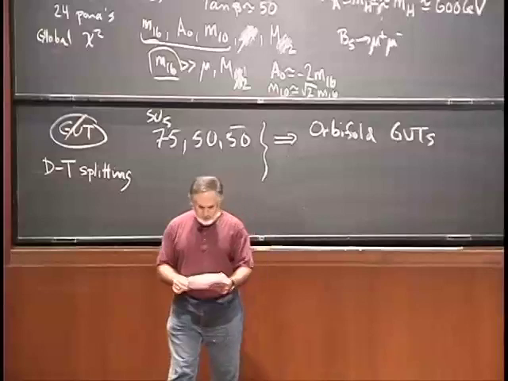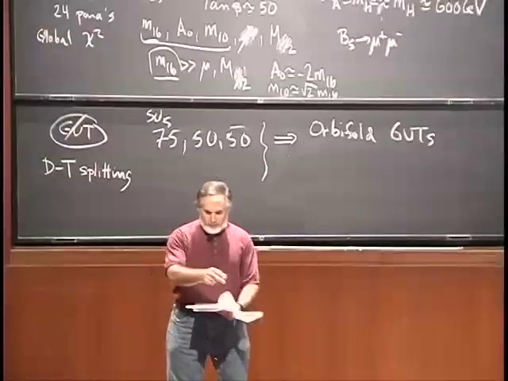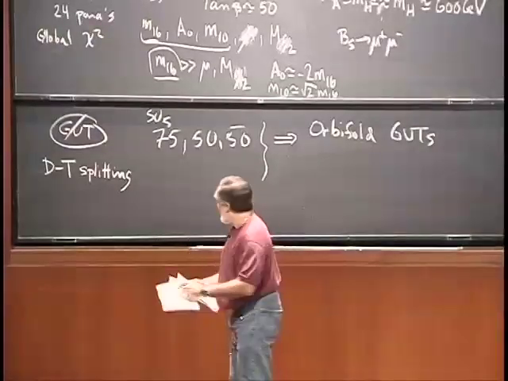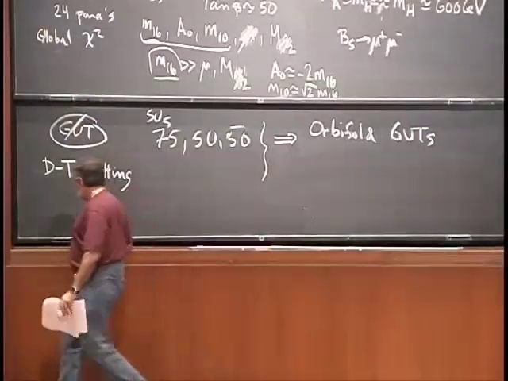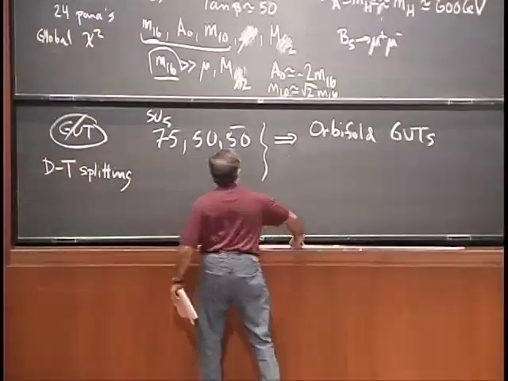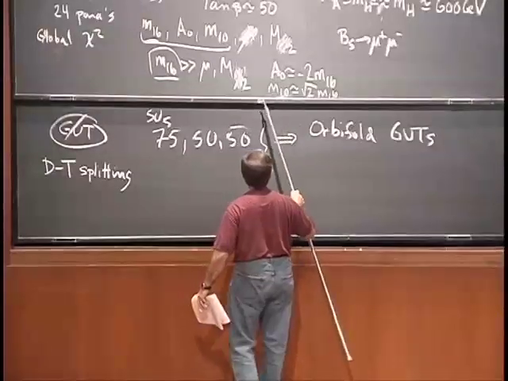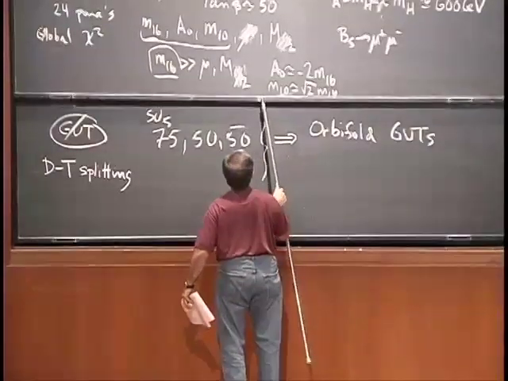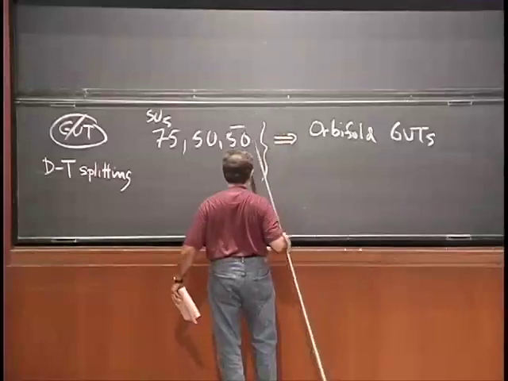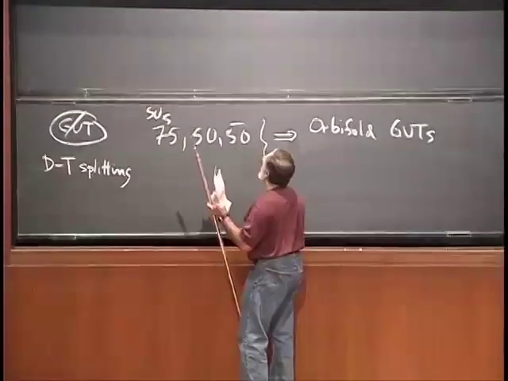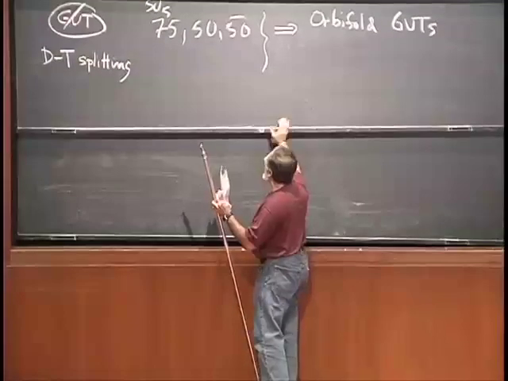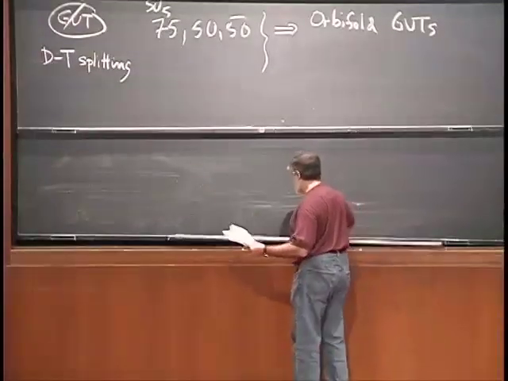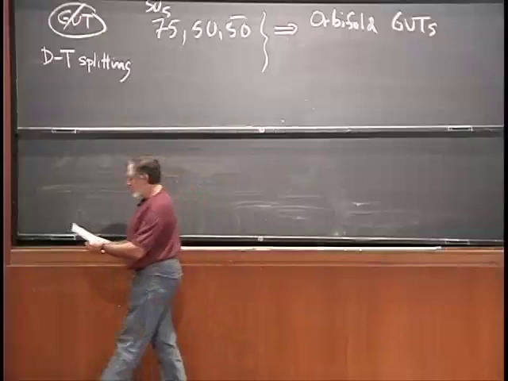Okay, so let me start the picture of orbifold GUTs. I'm going to start out by discussing GUTs on a circle, just to get into the notation.